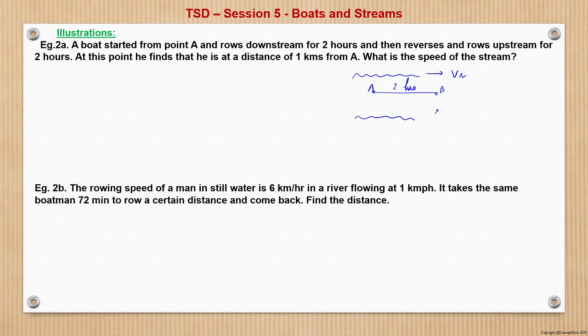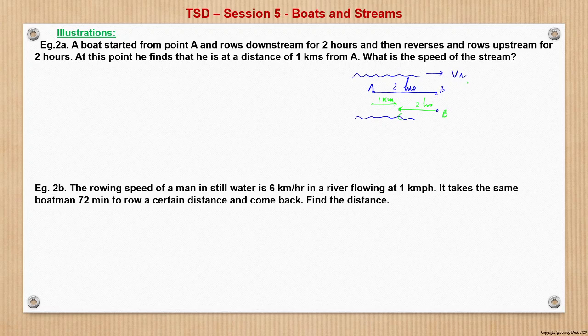From B it reverses the direction and again travels for 2 hours, say reaching some point C. Certainly since the boat in the second case is traveling upstream, which is a lower velocity, in the same time it will cover a lesser distance, right? So that is why C is shorter from A, and this distance is 1 kilometer. So this is the question given to us.